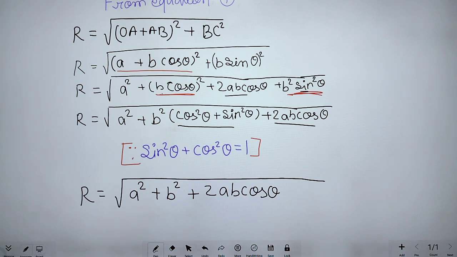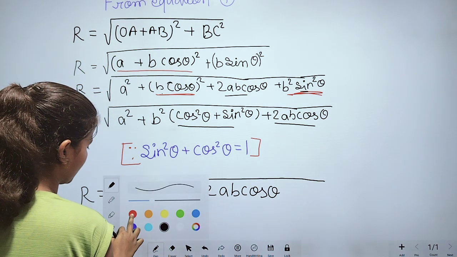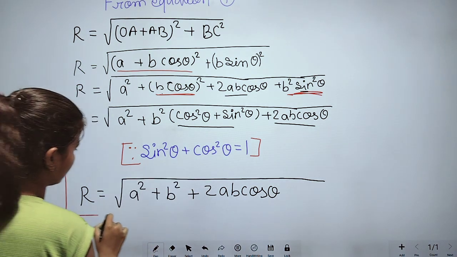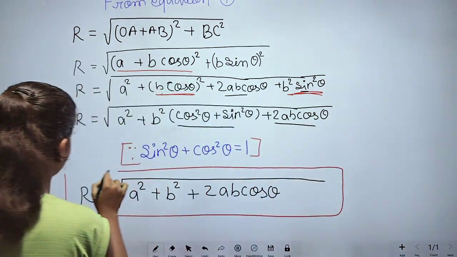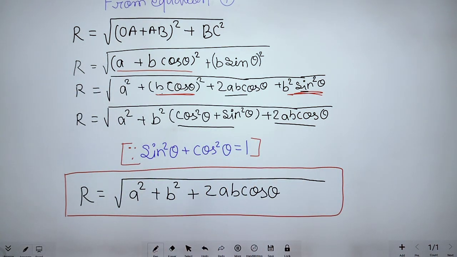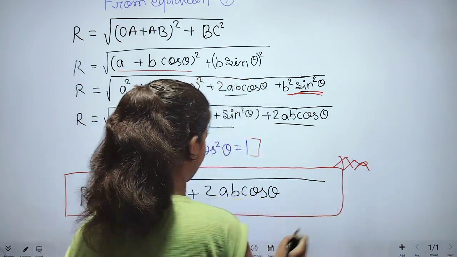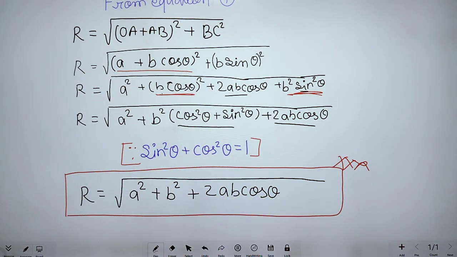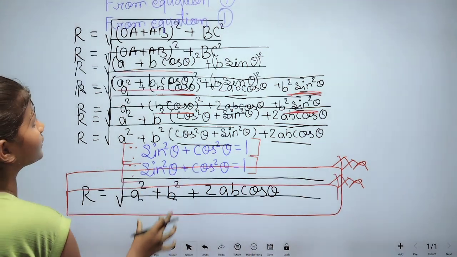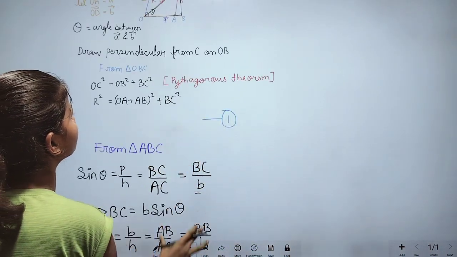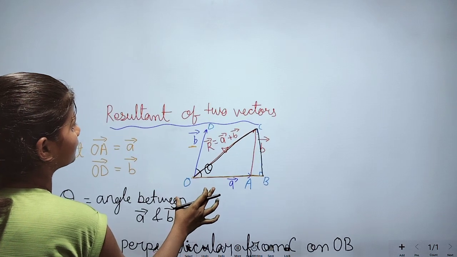Now this one is the formula for any two vectors: R is equal to root under A square plus B square plus 2AB cos theta. I hope you understand the resultant of any two vectors.